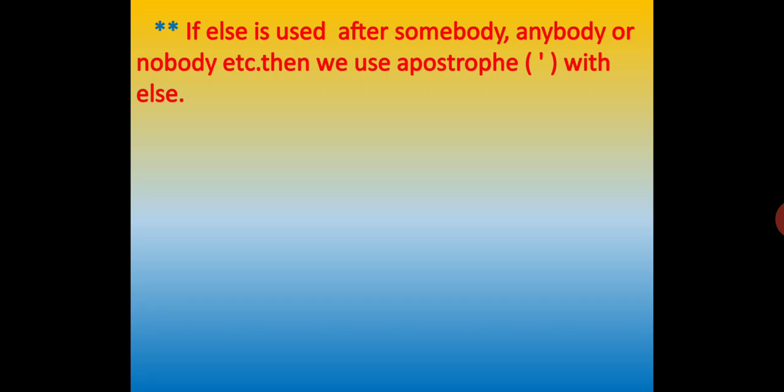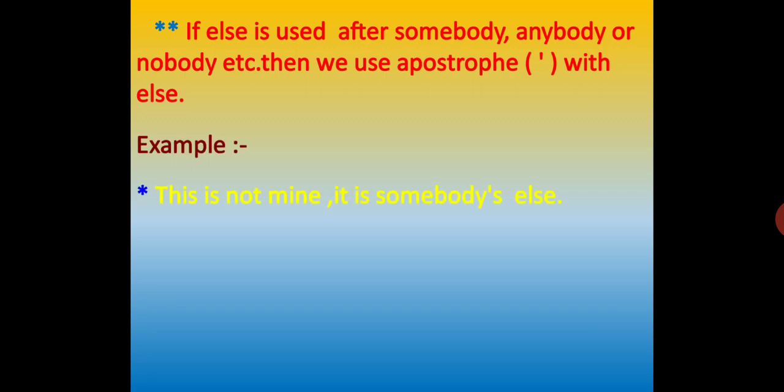It means whenever the word is somebody, anybody, nobody, we do not use apostrophe s with them. But what can we do? If the word else is in the sentence, we use apostrophe s with the else. Let's see the example.